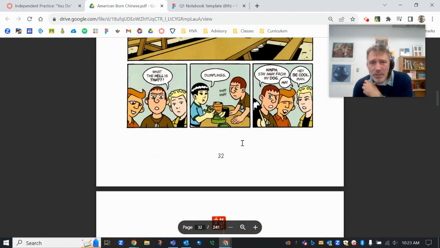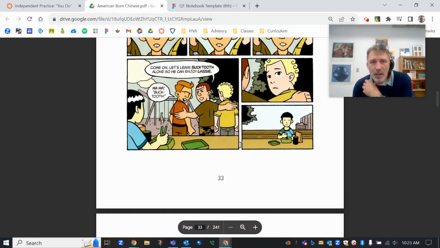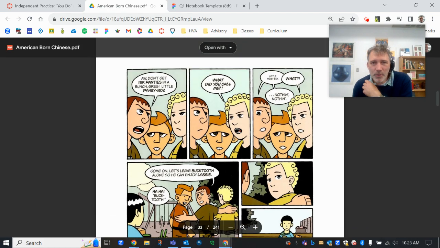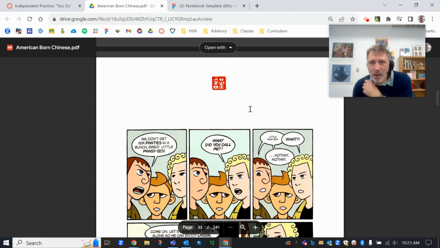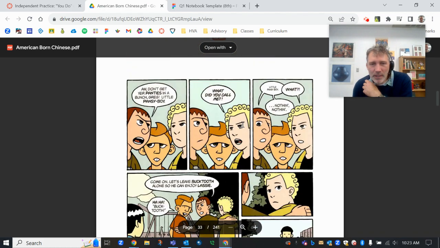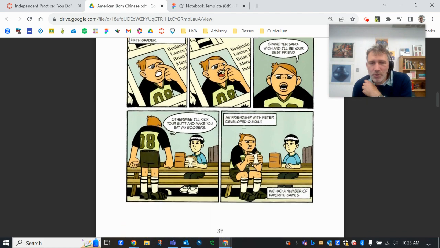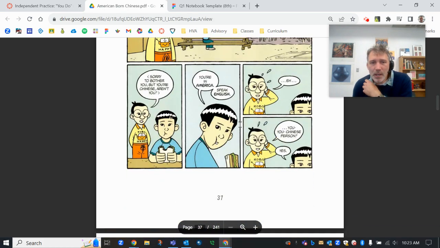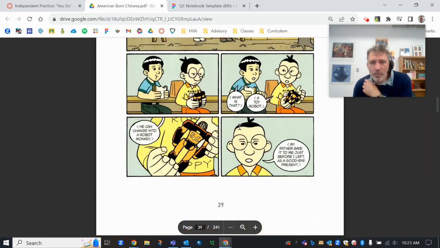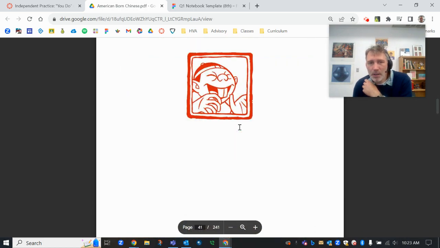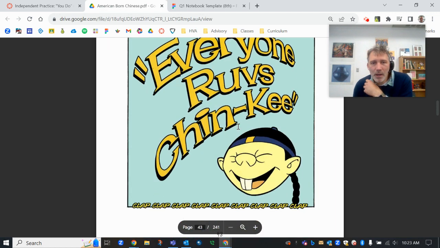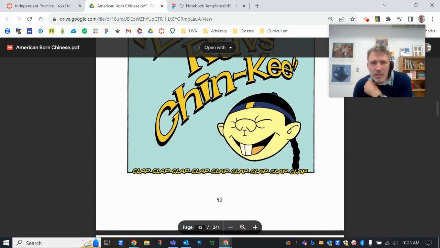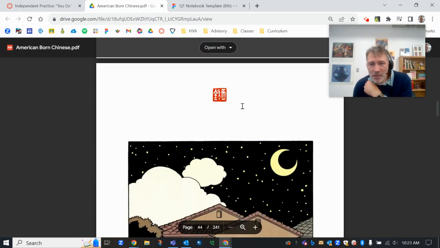So as you're continuing to scroll through what you've read, here's this other racist stereotype about eating dogs or something like that, and it kind of shows the bullying that he got. Of course, down here when we get to this next section, this whole thing right here, everyone loves Chinky. This is like the worst type of stereotype of all time.